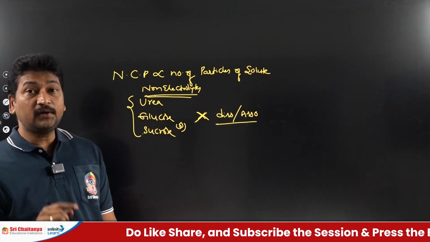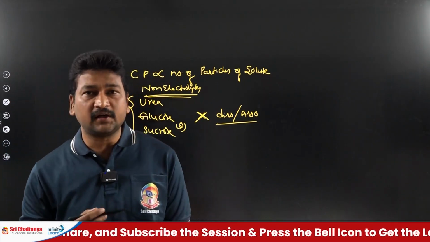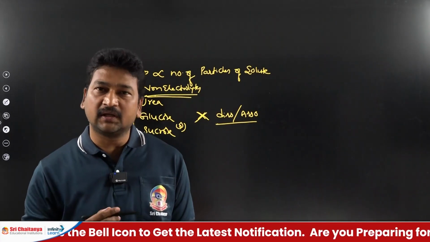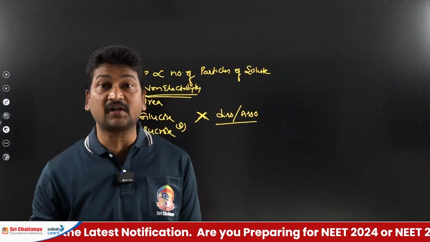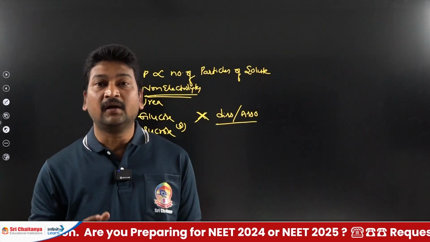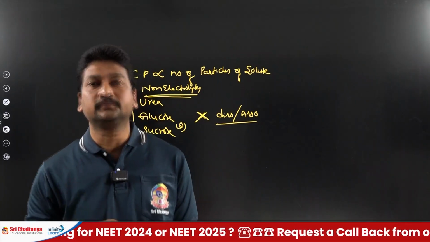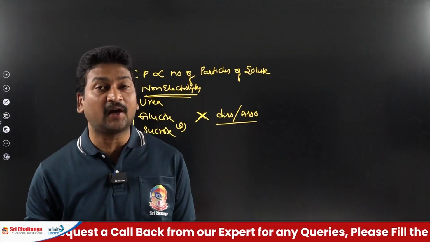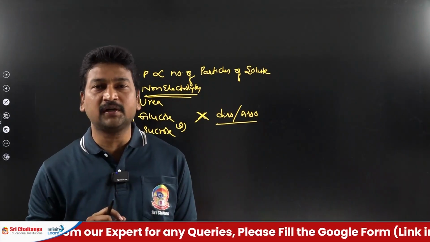Suppose the solutes can undergo either dissociation or association with the solvent, then the number of particles would change. Therefore, the value of the colligative property shall change accordingly. Did you get this point, my dear students?